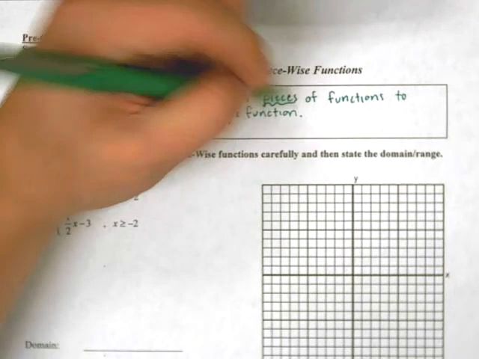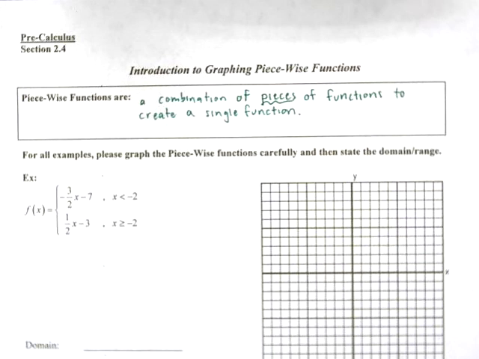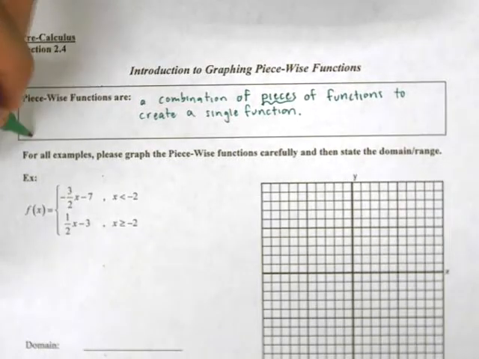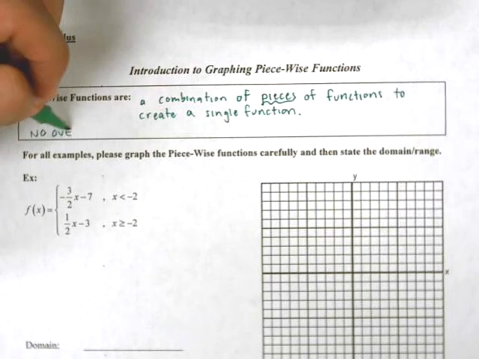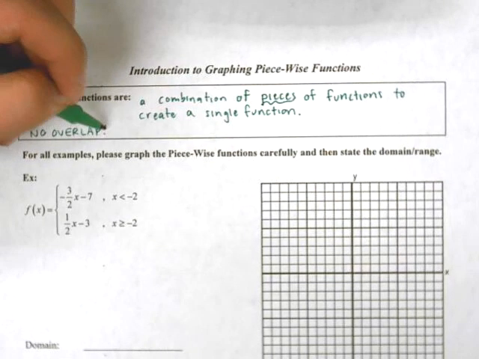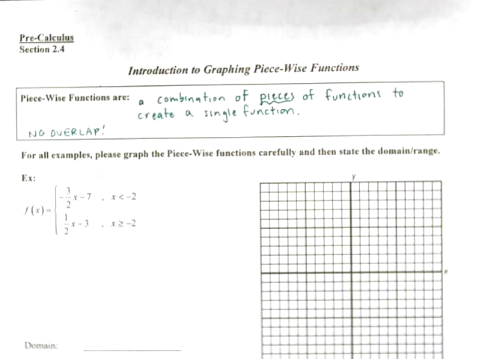And if you remember, we can say that it's going to create a single function. Why? Because it's going to pass the vertical line test, which means it's a function, which means there can be no overlap. And that is why we will need our eraser in a little bit.